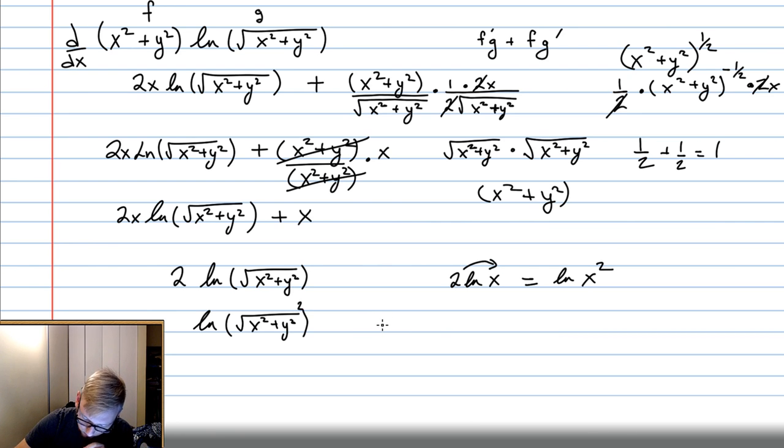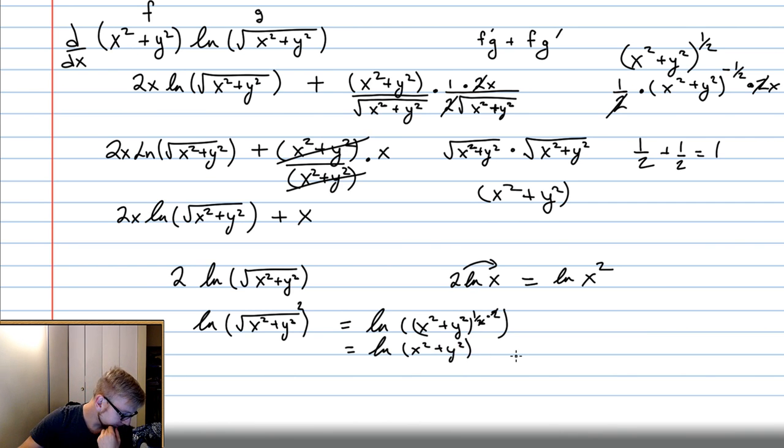And when you write this as a fraction instead of a radical, you have the natural log of x squared plus y squared to the 1/2, now multiplied by a 2. So these 2's cancel out and become a 1, so you're left with natural log of x squared plus y squared, which is what we're going to use here.